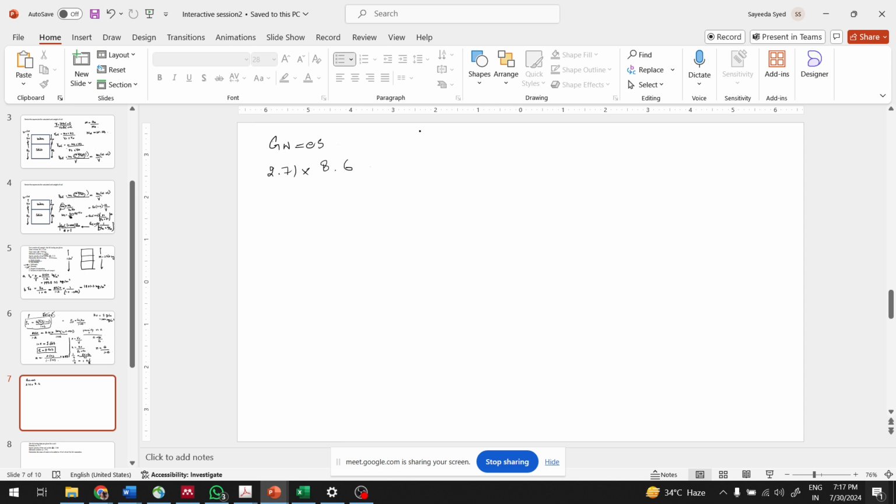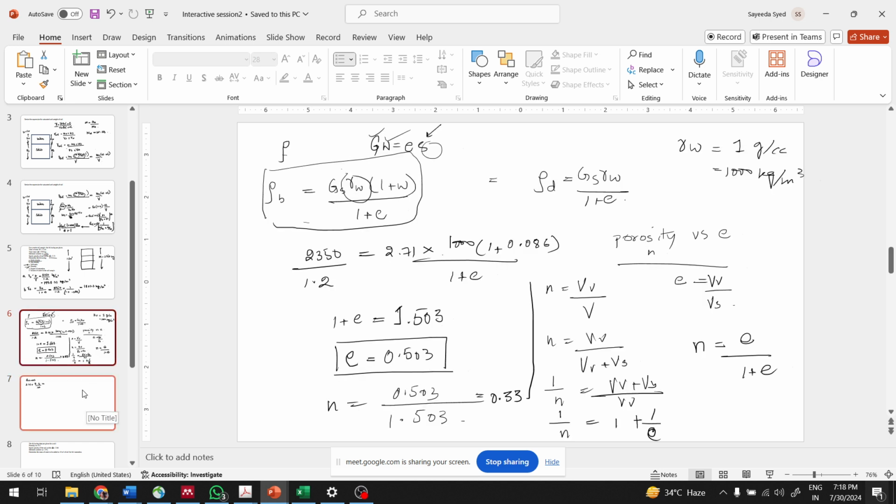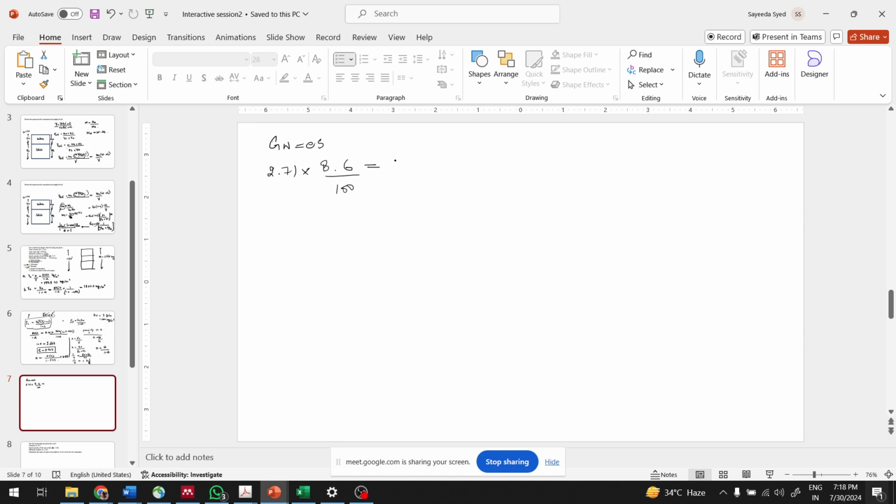Yes, equals 0.503 into S. So our S will be 2.71 into 8.6 over 100 into 1 by 0.503.